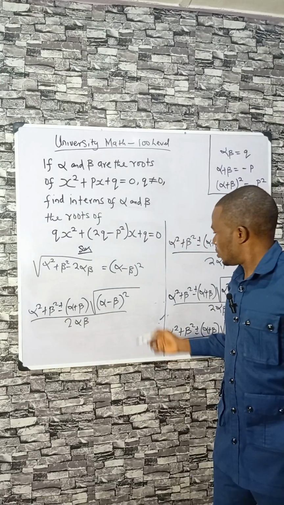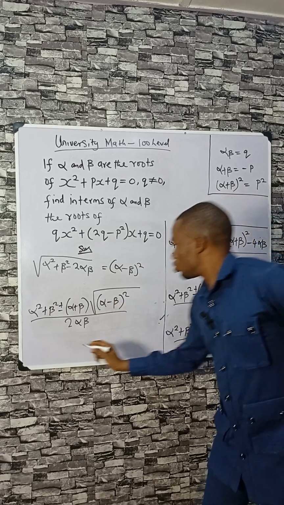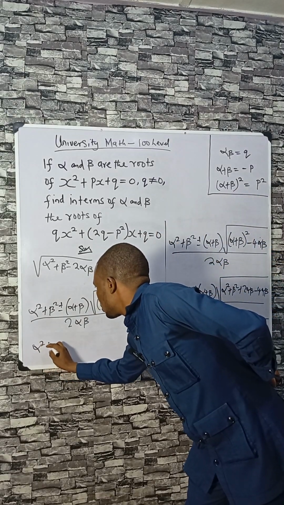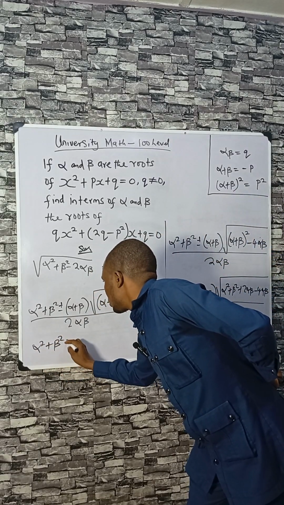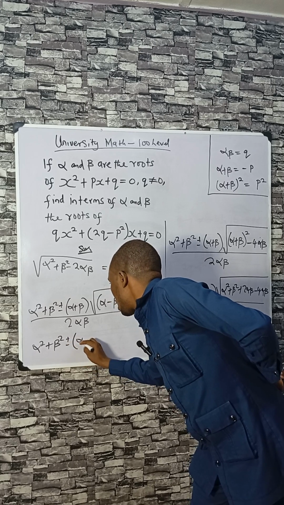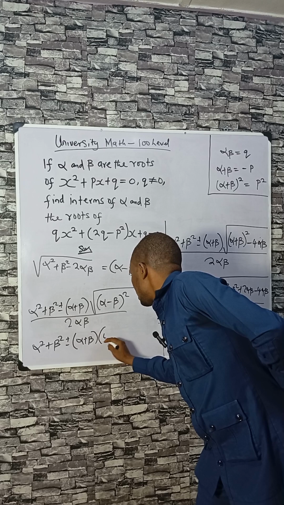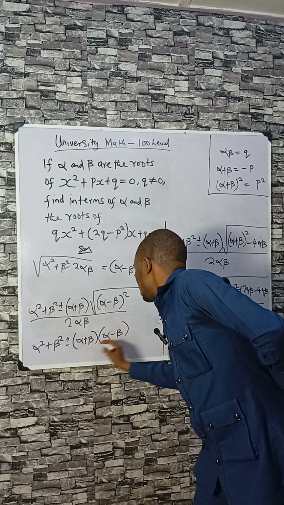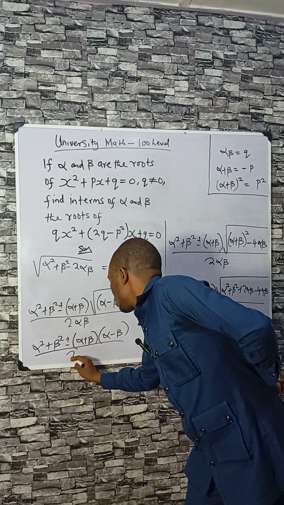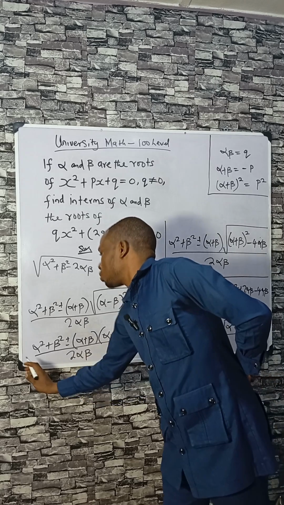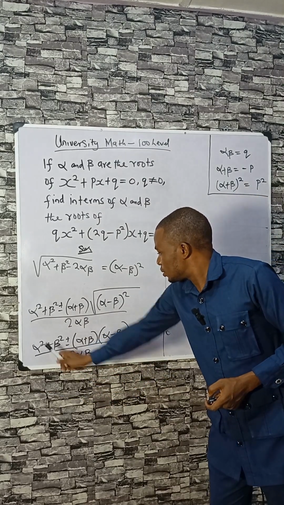The same thing we did the other time. This and this will go. So we have alpha squared plus beta squared plus or minus alpha plus beta. The square sign is gone, so we have alpha minus beta, all divided by 2 alpha beta. We are done.